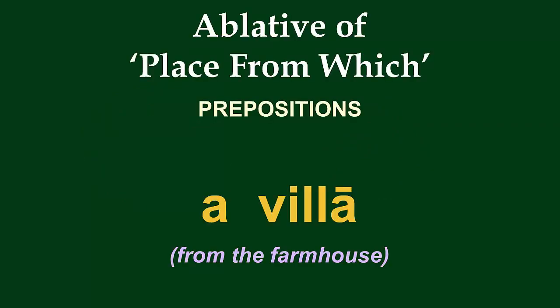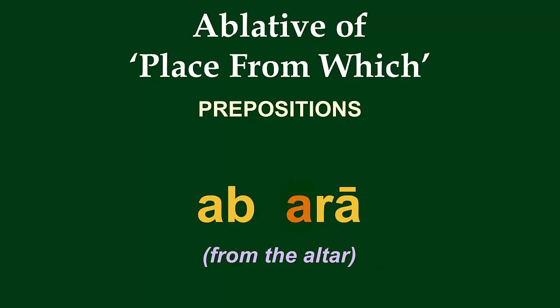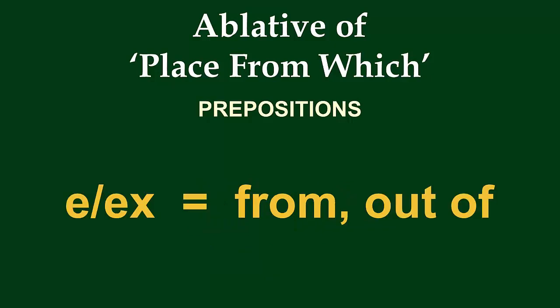It is most definitely an octopus. A/ab works the same way. If the word following begins with a consonant, you will just see a before it. And if the word following begins with a vowel, then you use ab. E/ex, which means from or out of, works the same way.